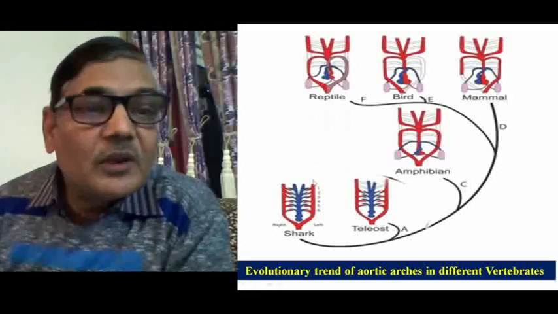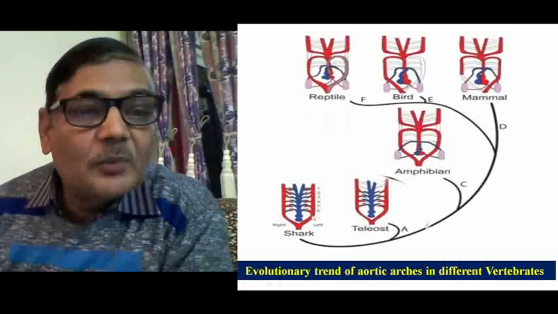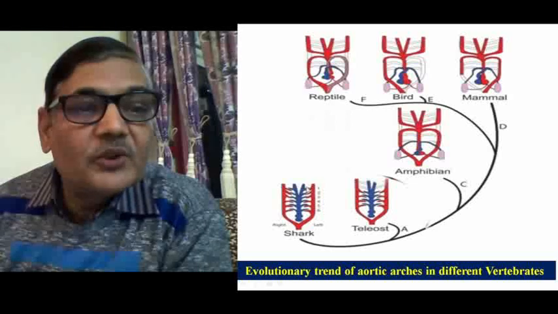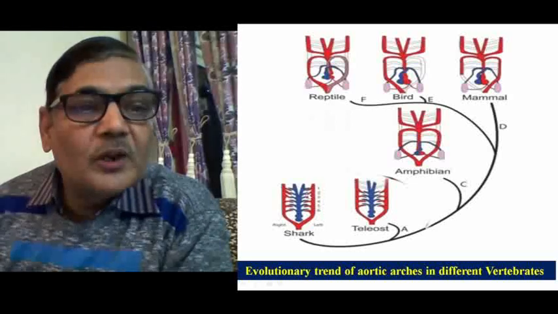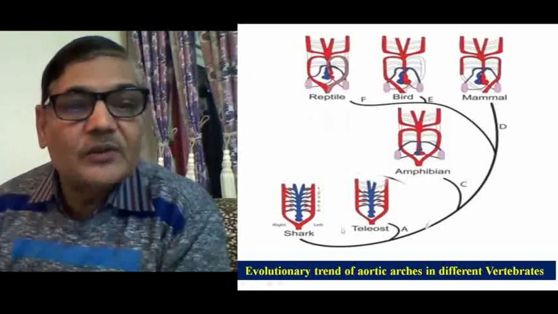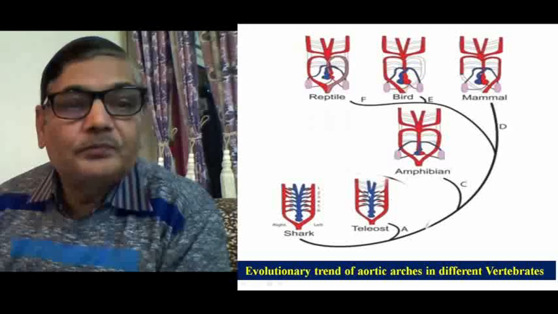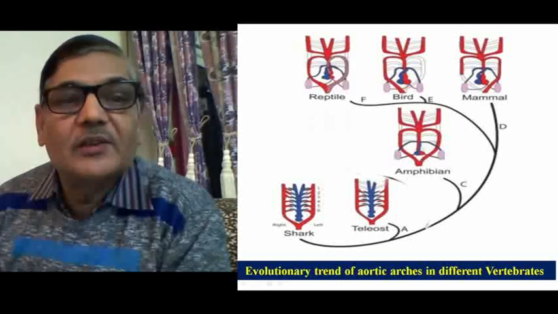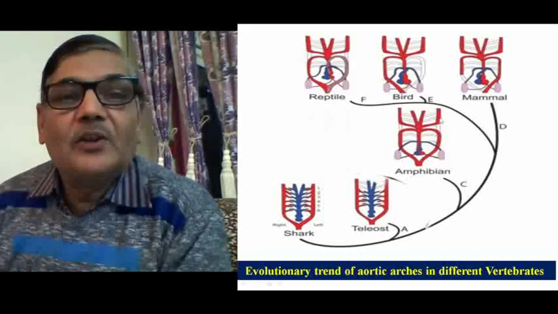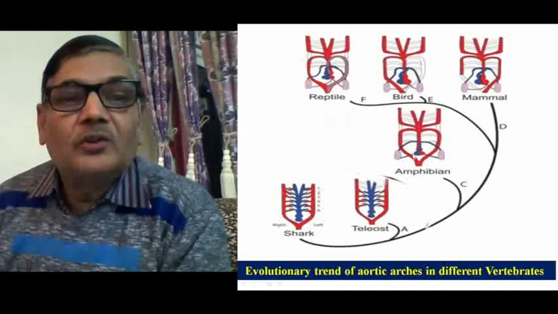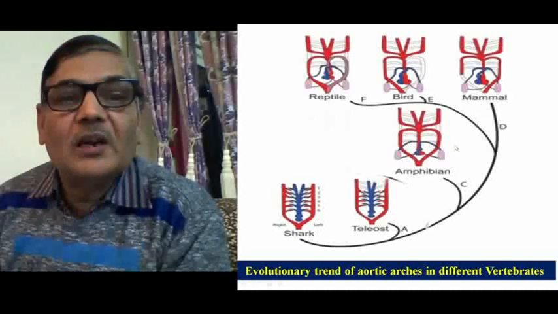Unfortunately, in this diagram, all 6 pairs are shown, but actually the first one will not be present. So only 1, 2, 3, 4, 5 pairs of aortic arches will be there in case of sharks. In case of teleosts, 4 pairs of aortic arches will be there. In case of anurans, 1, 2, 3 means 3 pairs of aortic arches will be there.